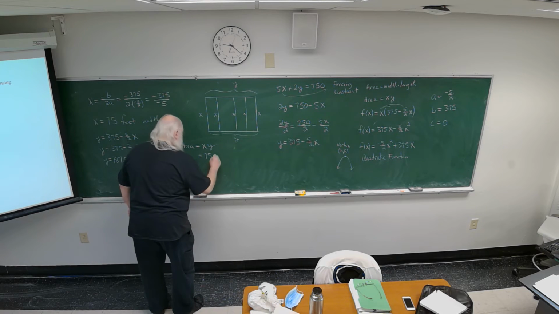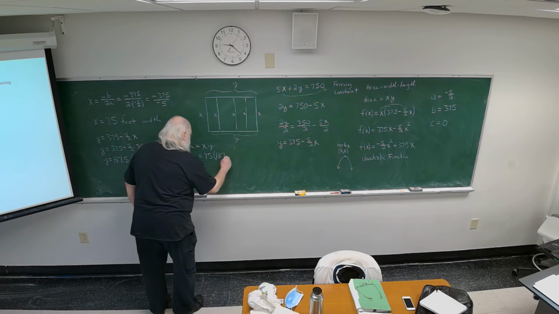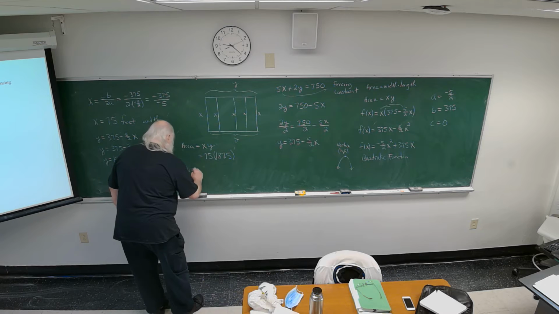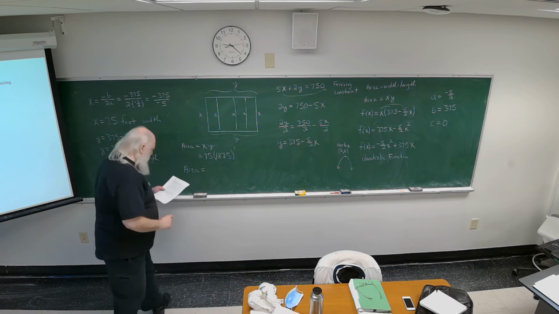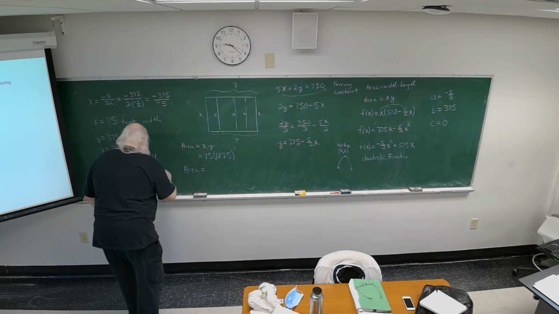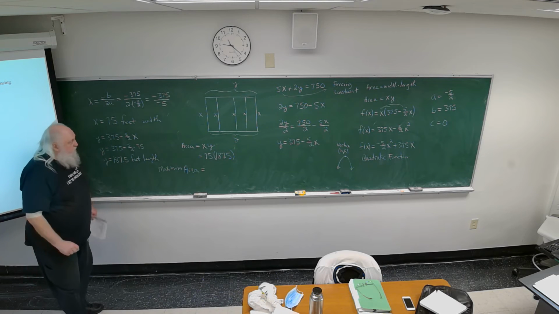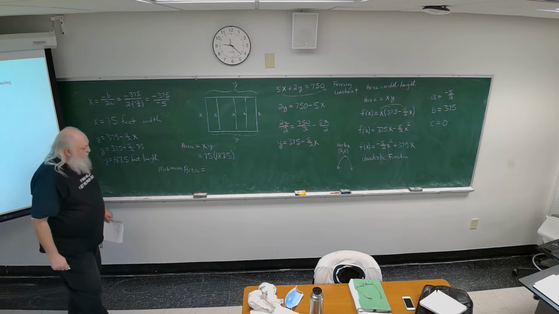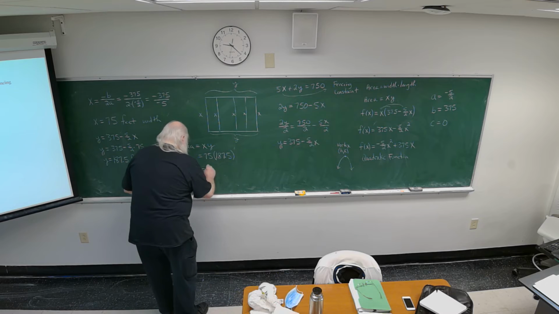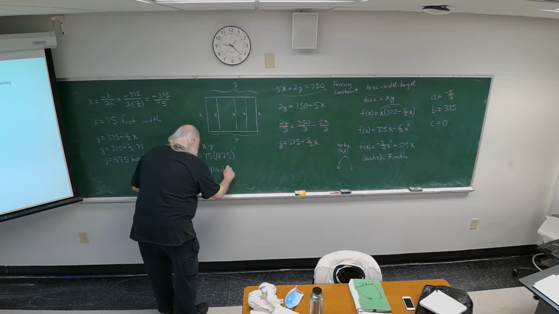What's y? 187.5. So the maximum area for a rectangular piece of land is 75 times 187.5, which comes to 14,062.5.